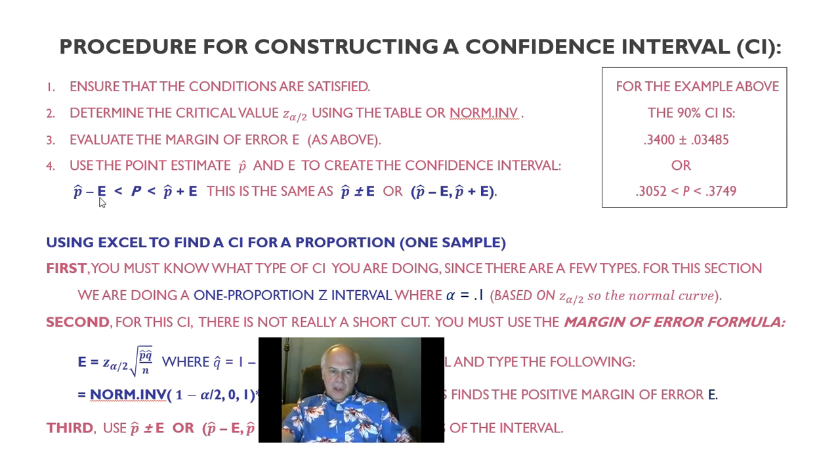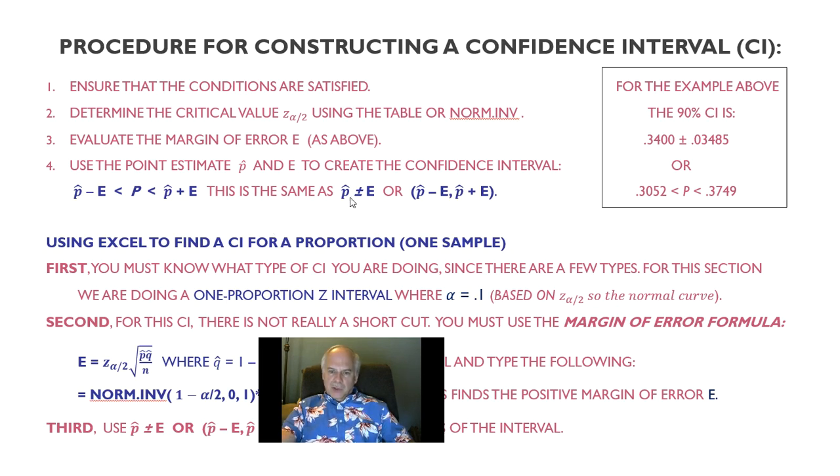So you're going to go p hat minus e is less than the population parameter, p, is less than p hat plus e. In other words, p, the population parameter, is in between the two ends of the interval. We trust 95% of the time, or 90% of the time, it will be.